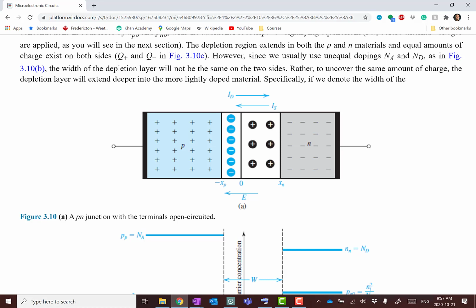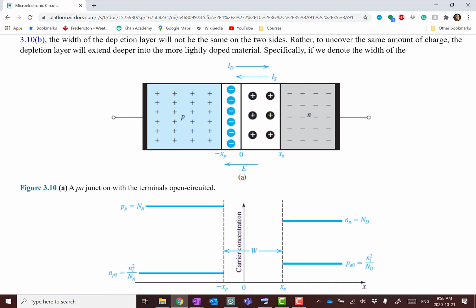So when we say that charge is uncovered in the depletion region, due to that recombination that occurs, the recombination has to go deeper into the more lightly doped material to uncover the same amount of charge to counteract the charge that's uncovered in the more heavily doped region.